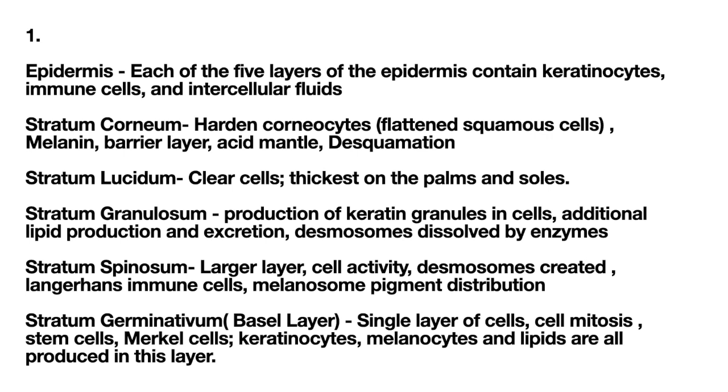Stratum Germinativum, also known as the basal layer, is a single layer of cells. Cell mitosis, stem cells, Merkel cells, keratinocytes, melanocytes, and lipids are all formed and produced in this layer.